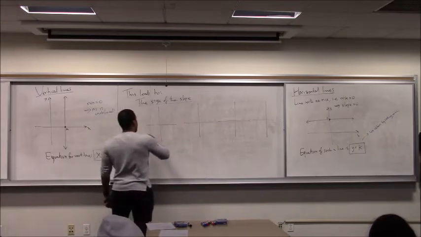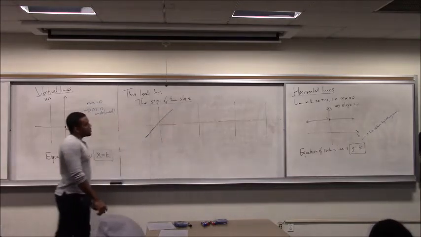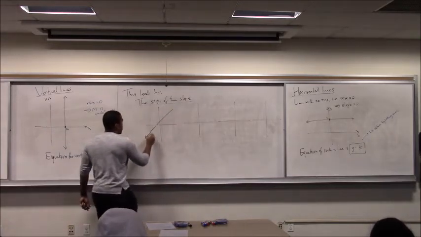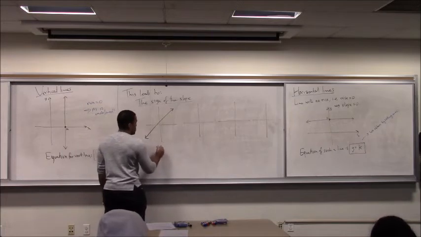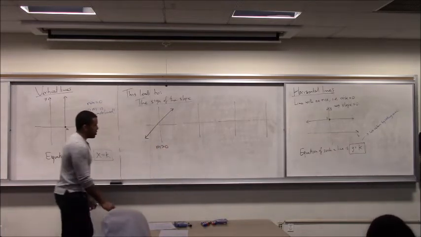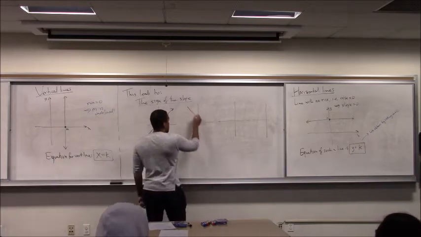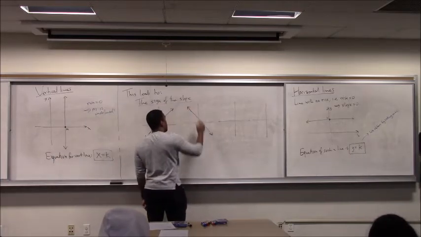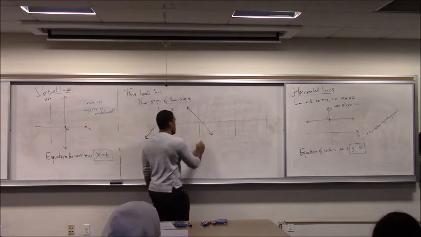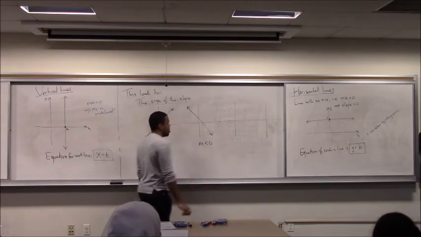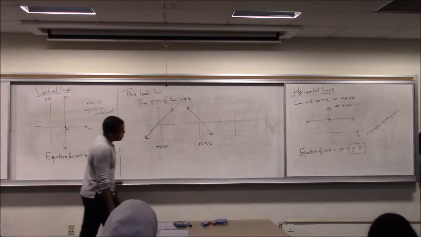You can have a line that behaves like this, moving up as you go from left to right. This line is one of positive slope, meaning if you calculate that ratio, you get a positive number. Another option is the line to go down as you move from left to right. This is a line with negative slope. If you calculate that ratio, you'll get a negative number.